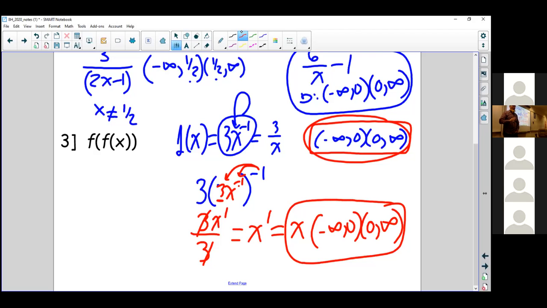It really comes down to, did you check your domain on the original first? If you checked it on the original first and there was no restriction, went negative to positive infinity, then your answer could also be that. If your original had a restriction, you have to have at least that restriction, if not greater. It could be one number. It could be, like, hard bracket 0 to infinity, something like that. So your answer would have to have that as well.